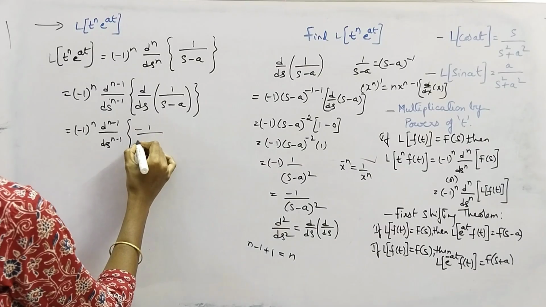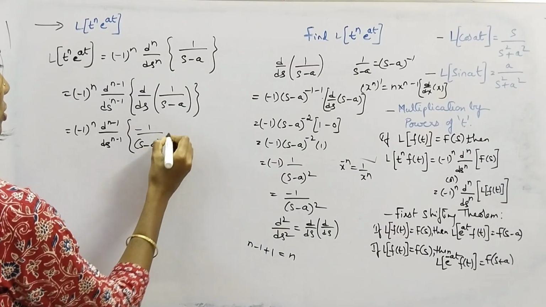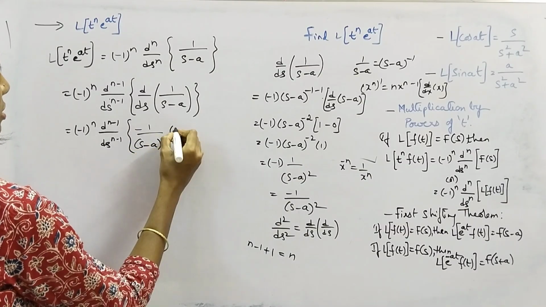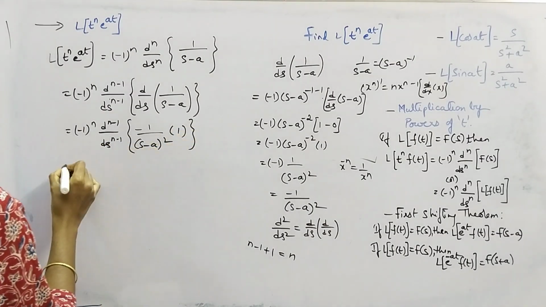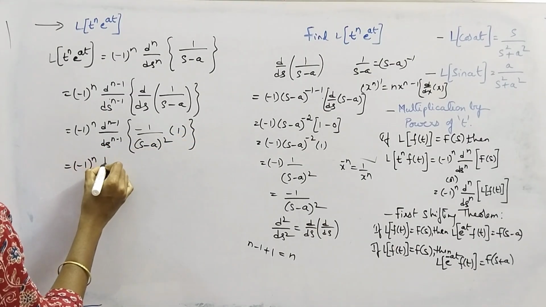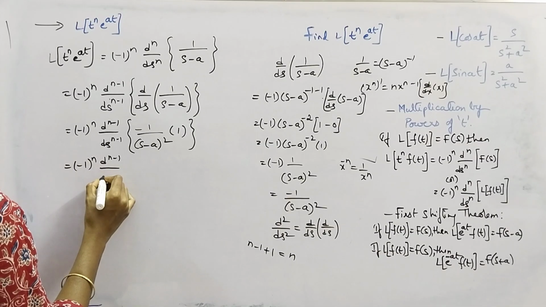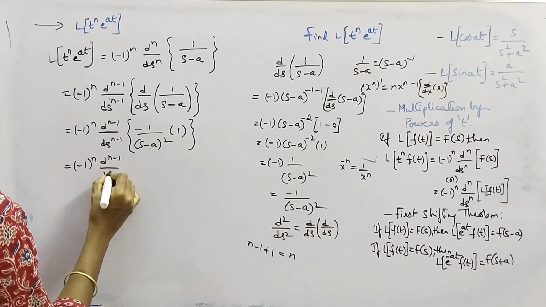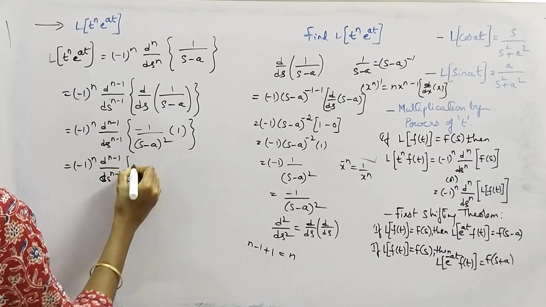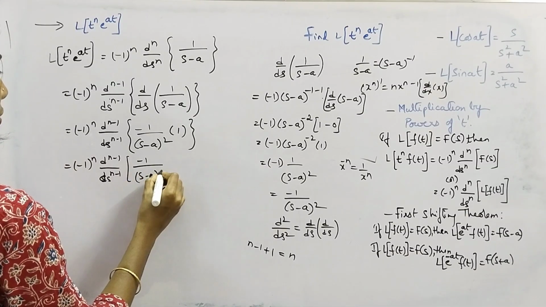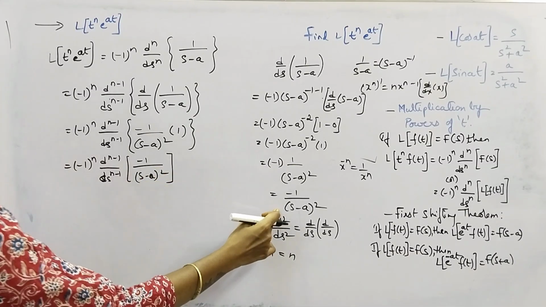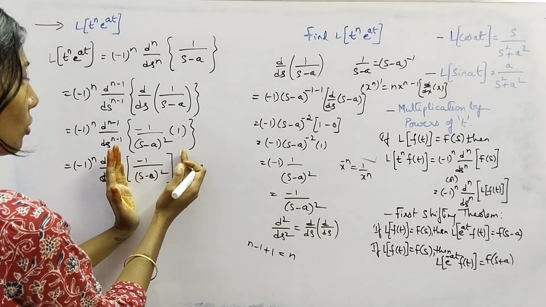We get s minus a whole square, into the inner derivative of s minus a, which is 1. I'll get minus 1 power n into d^(n-1)/ds^(n-1) of minus 1 by s minus a whole square. See, here we got the first derivative.